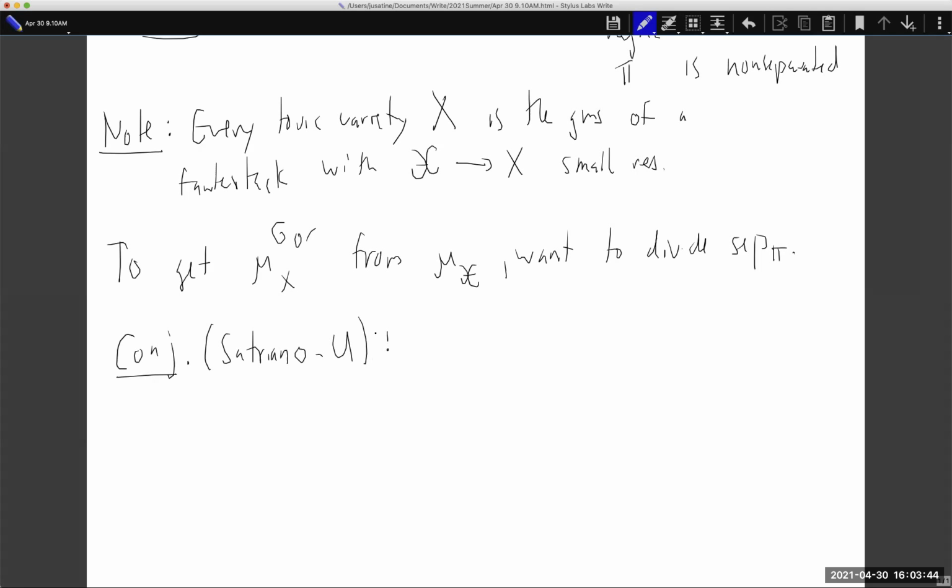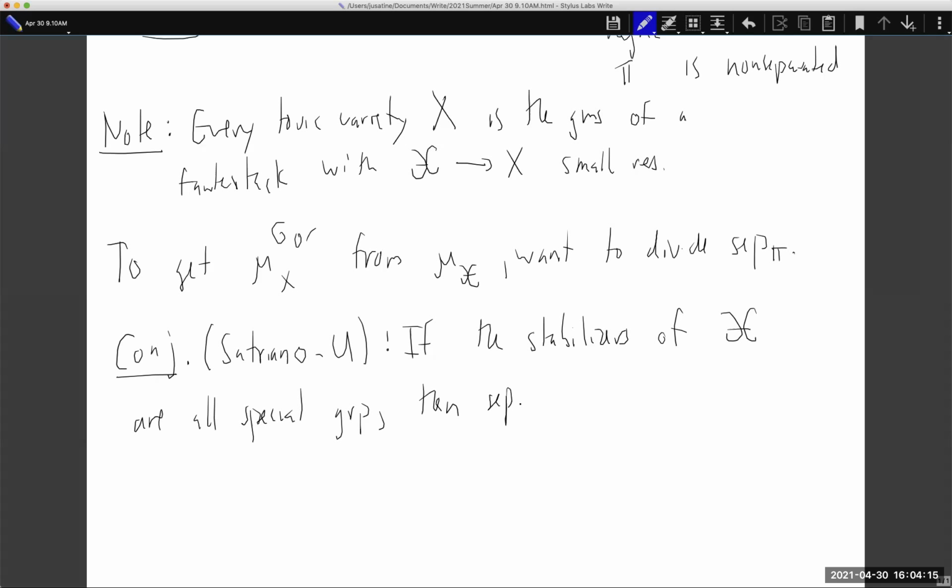But I think it's an interesting geometric statement on its own, which is that if the stabilizers of the stack are all special groups, and special groups in the sense of Serre, so this says that the torsors are all Zariski locally trivial, then our conjecture is that under this condition on the stabilizers of the stack, this function sep sub pi is not equal to 0 outside a set of measure 0.